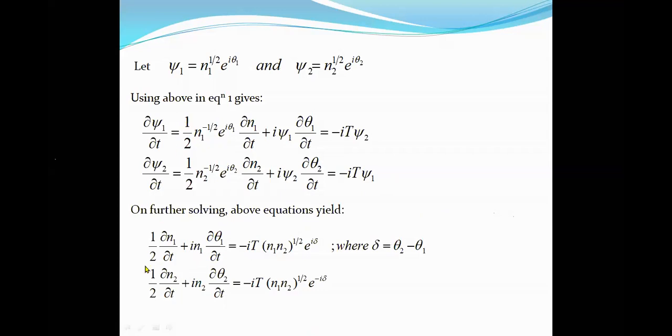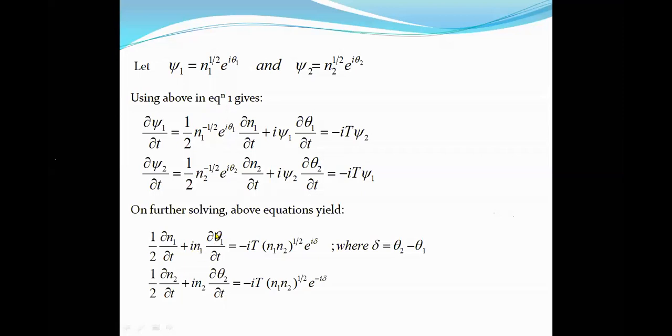So we have to multiply by some factor in this equation and some factor in that equation. Here you need to multiply by n1^(1/2) e^(-iθ1). If you do that, this term will disappear, because then that term will have the power of the opposite sign. You can see that none of it exists here.